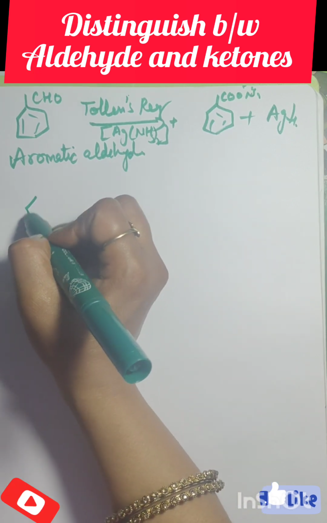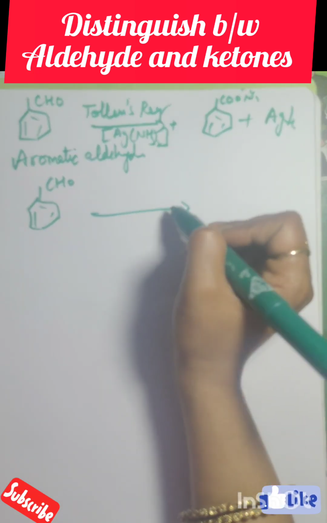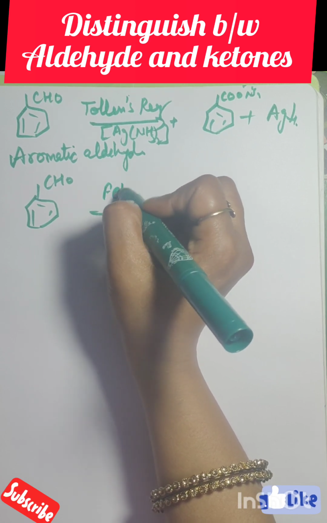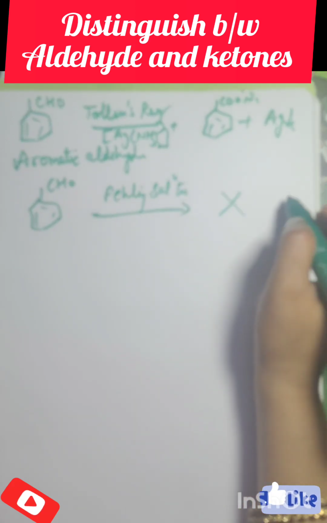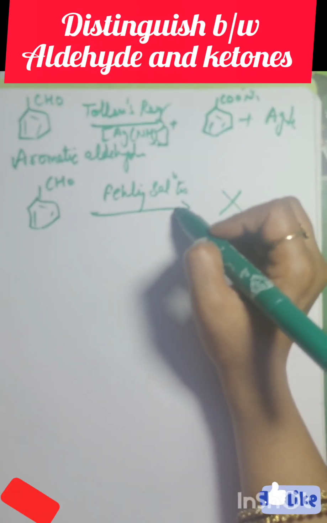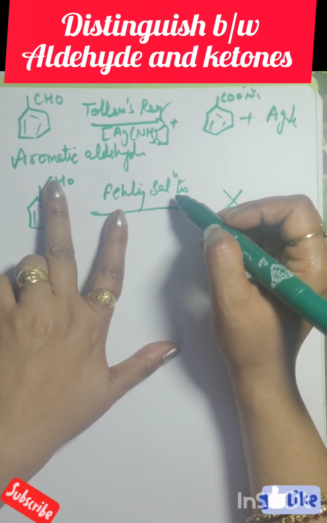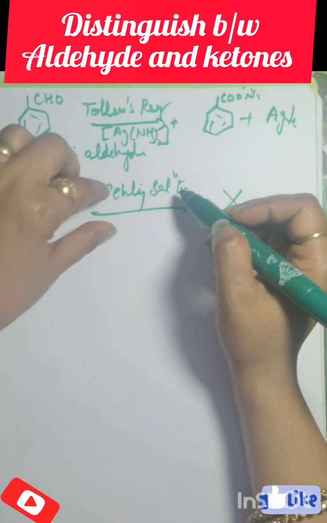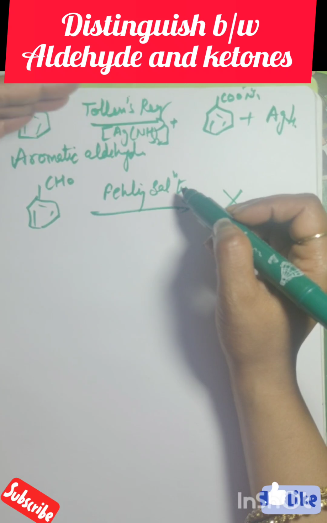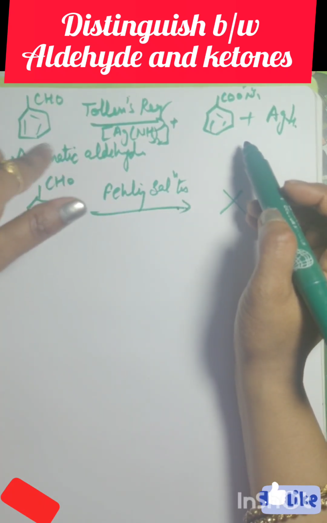But benzaldehyde will not give the Fehling solution test. No reaction takes place, because Fehling is a very weak oxidizing agent. It cannot oxidize benzaldehyde, but Tollens is a little stronger than Fehling solution, so it can oxidize benzaldehyde, but Fehling cannot.